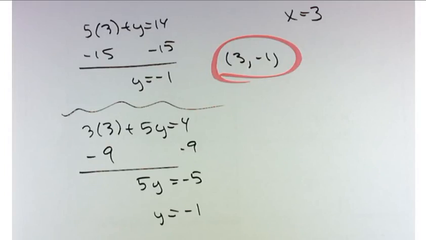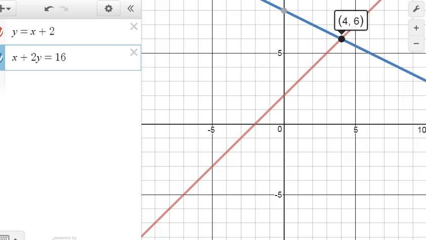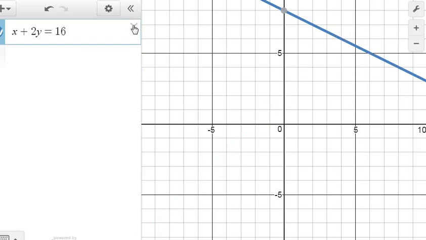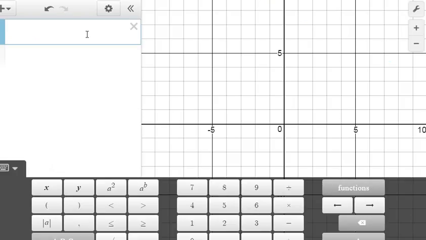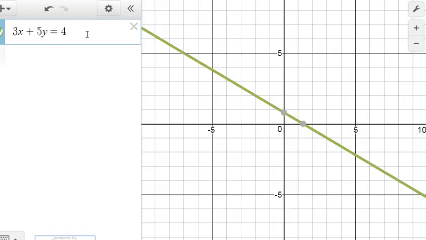Norman, I'm going to graph these two equations. I want you to make a prediction. So 3x plus 5y equals 4. Are these lines going to cross each other? And if so, where? Yeah, they should cross each other at 3, negative 1. So here's the first equation.